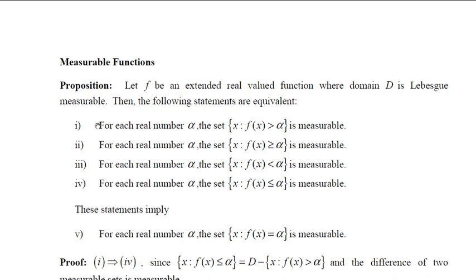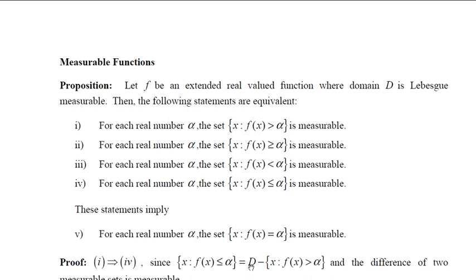First, let us show 1 implies 4. Suppose statement 1 is true, that is, the set of all x where f of x is greater than alpha is measurable. Then the set where f of x is less than or equal to alpha is the complement of this set, that is, D minus this set.